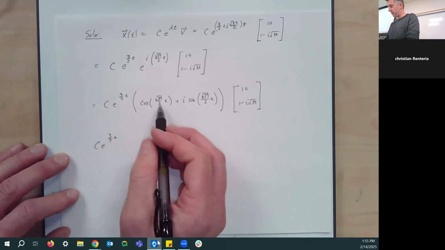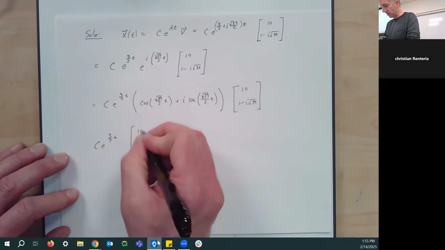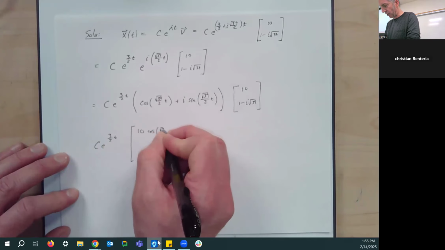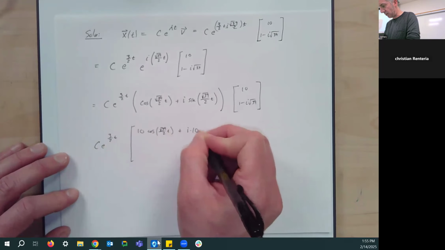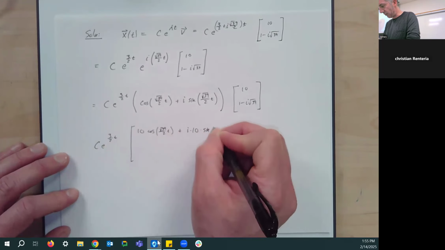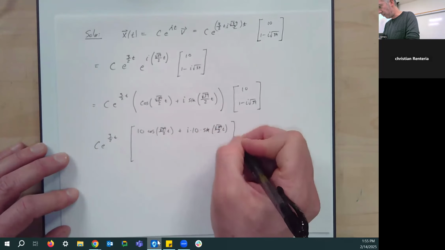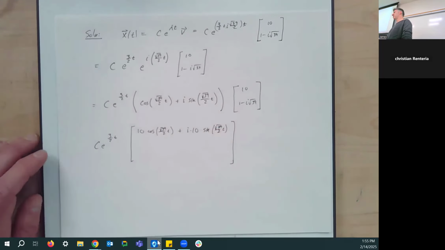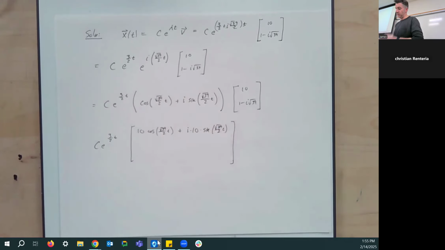And each thing here is going to get multiplied by 10 in the top spot. So we're going to have 10 cosine of root 39 over 2 times t plus i times 10 times sine of root 39 over 2 times t. The bottom part's a little bit grosser. Sometimes you luck out and each piece only has, you don't have a 1 minus, you just have a minus there, but that's not the case here.